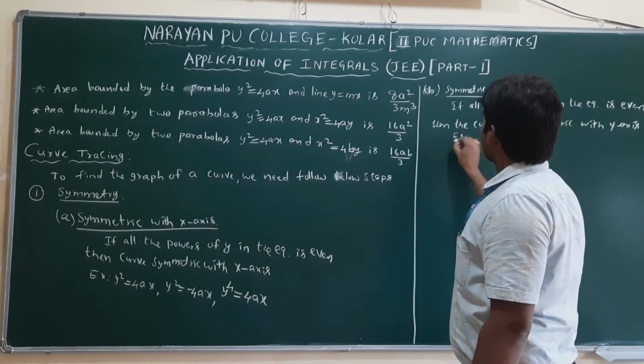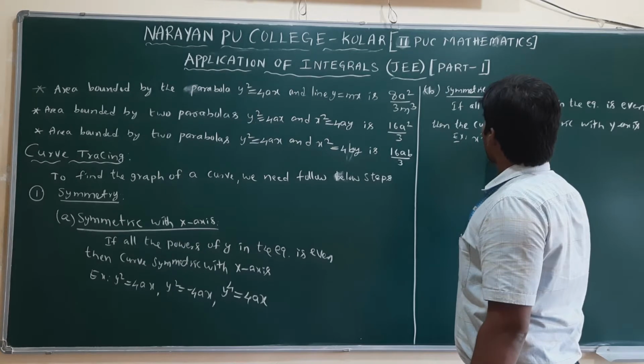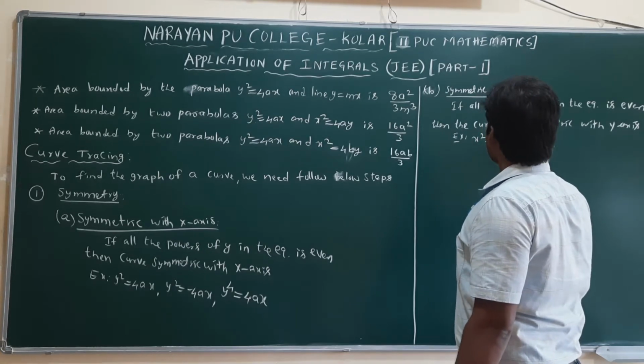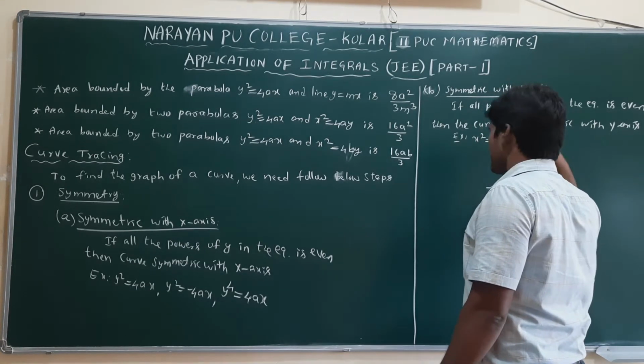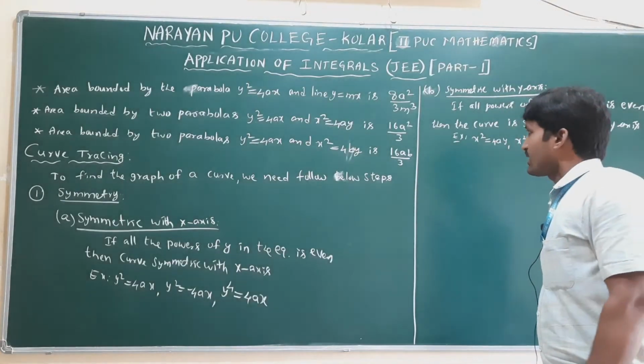Examples: x square equal to 4ay, x square equal to minus 4ay. Many we can take.